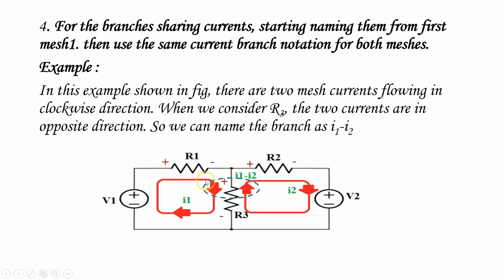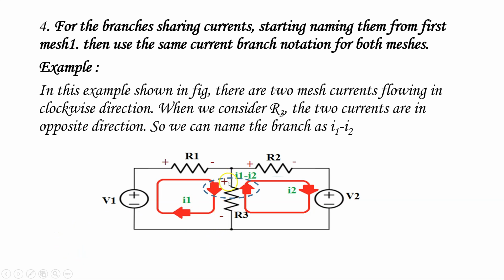I have assigned the polarity and named the branch current. So when I am applying KVL for the second mesh, I will not again assign polarity and again give a branch current. This is one method of proceeding with the KVL equation.